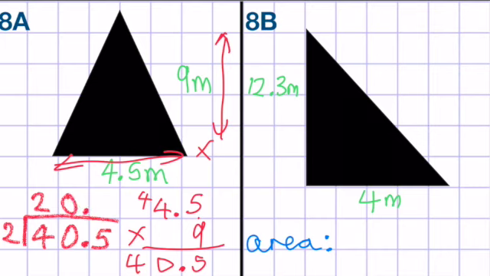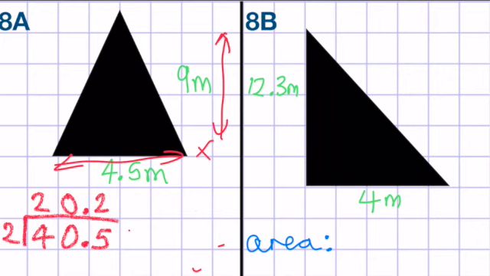Decimal place. 2 goes into 5 2 times with a remainder of 1. And 2 goes into 10 5 times. So the area of this triangle, it's in meters and it's meters squared, 20.25. So just recap, we did 9 times 4.5 and then we divided by 2 because that's what you need to do when you find the area of a triangle.